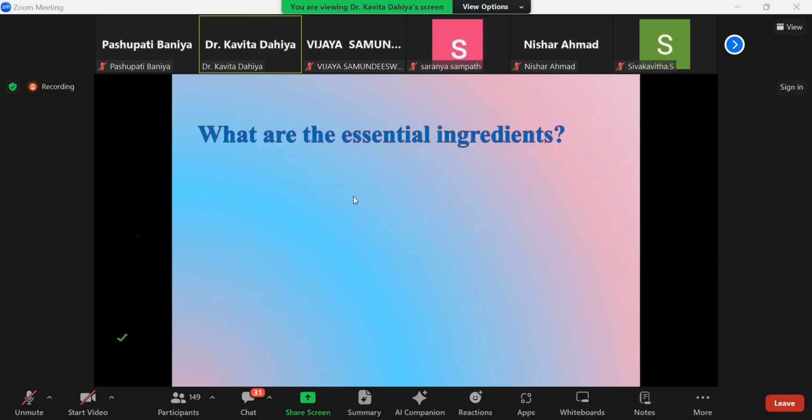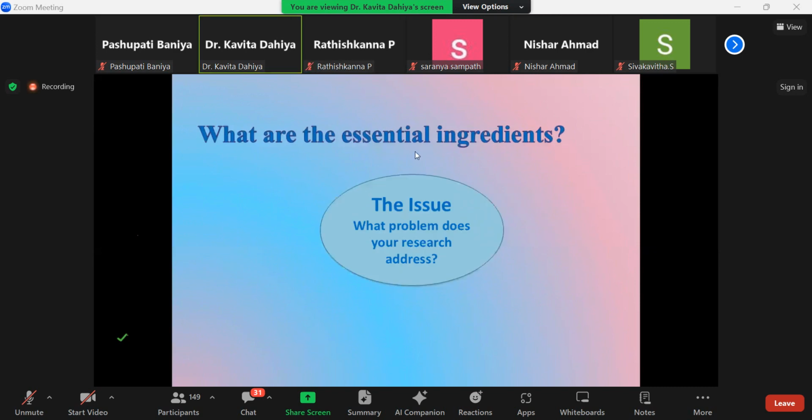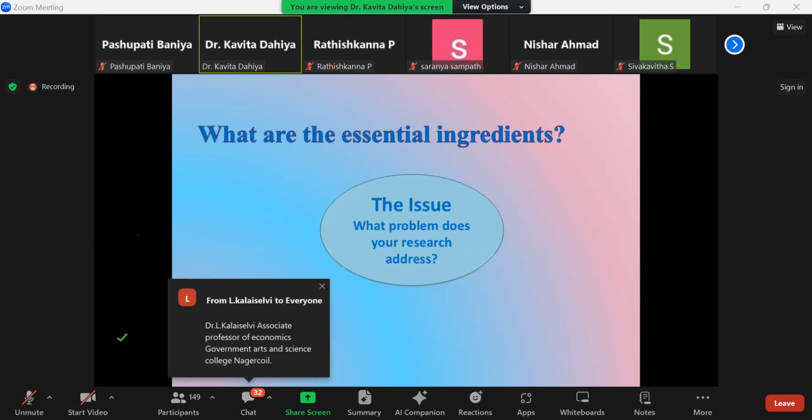So what are the essentials? The first one is the issue: what problem does your research address.